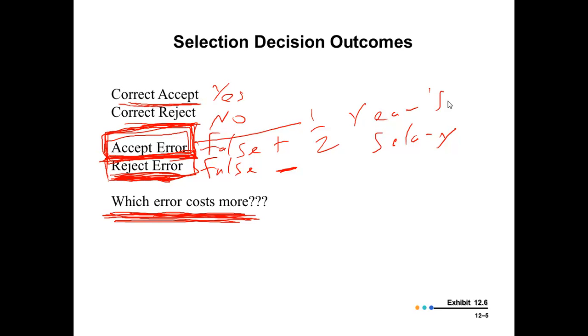What do you think the typical bias is on a hiring person? Well, they're going to be much more likely to commit reject errors than accept errors. And if you haven't had this happen to you, you almost certainly will if you apply for enough jobs. You're going to think to yourself, well, 85% of that job I had nailed.